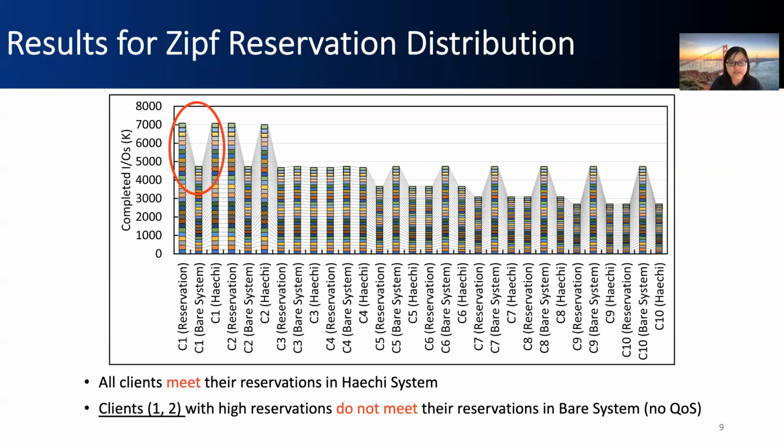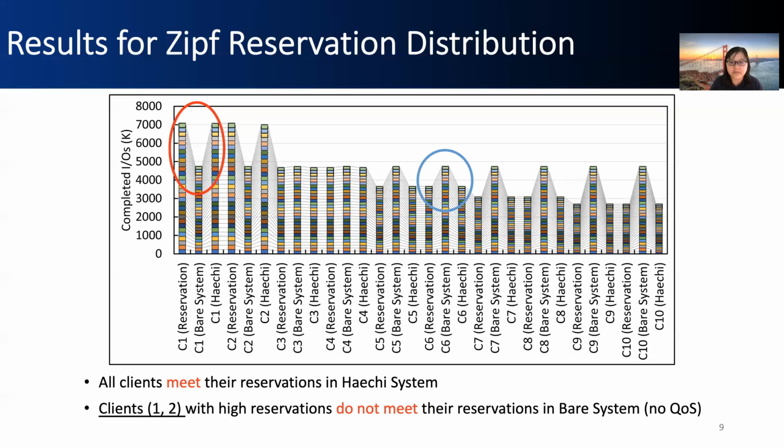As shown in the first and second bars in the right circle, client 1 cannot meet the reservation in the bare system, but after we enable Haechi, the reservation can be met, as shown in the third bar. The blue circle shows the result of client 6.